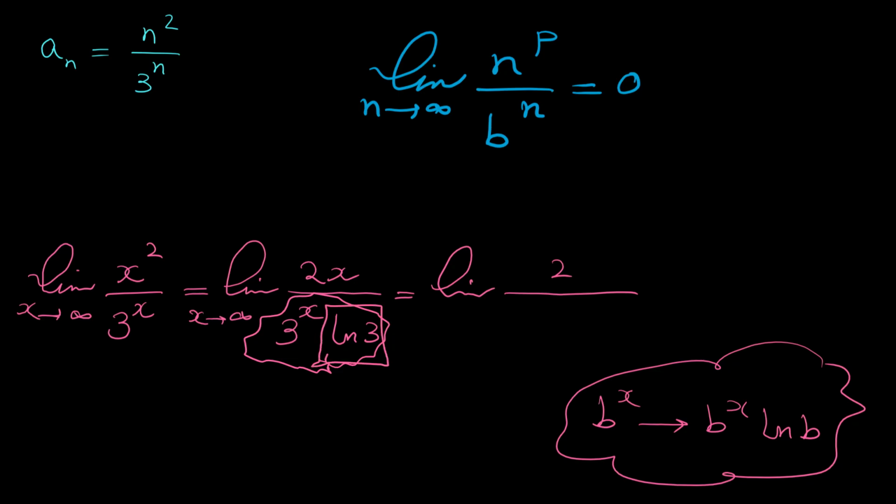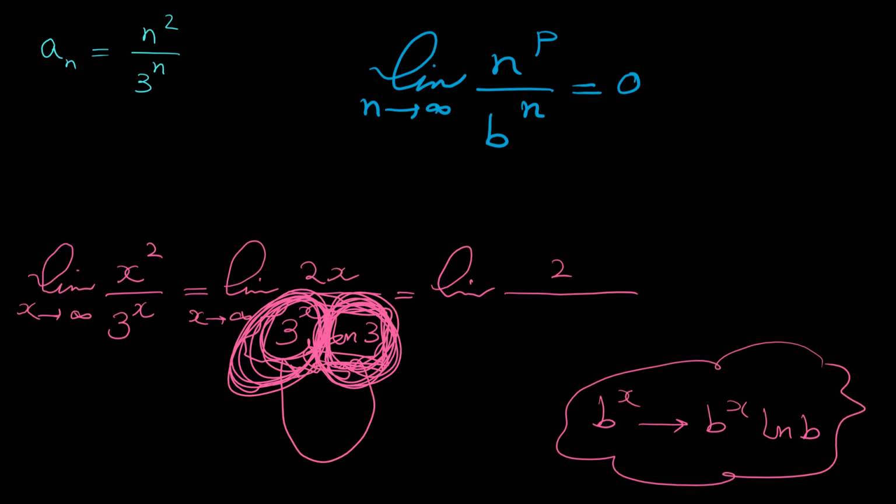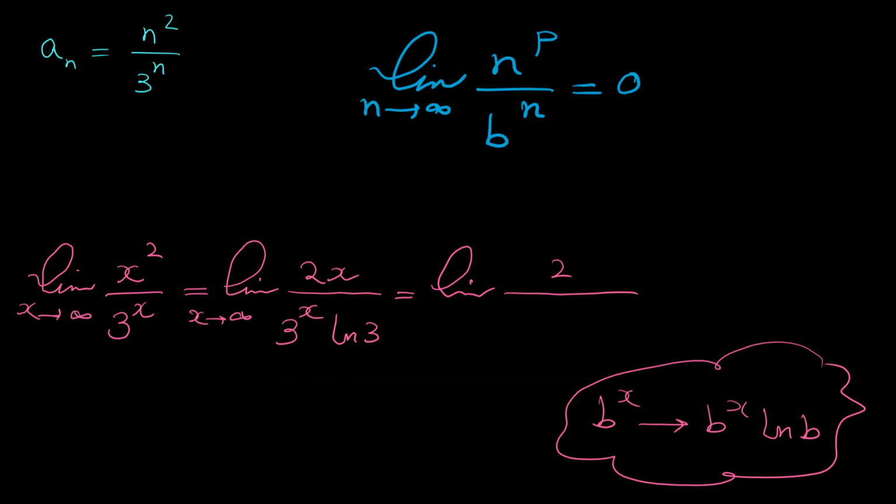This is a coefficient, a number. We don't have any x here. Just take the derivative of 3 to the x and consider this as a coefficient for that. After you take the derivative of 3 to the x, multiply it by ln of 3. The derivative of 3 to the x is 3 to the x ln of 3. But we had ln of 3 before. So ln of 3 times ln of 3.